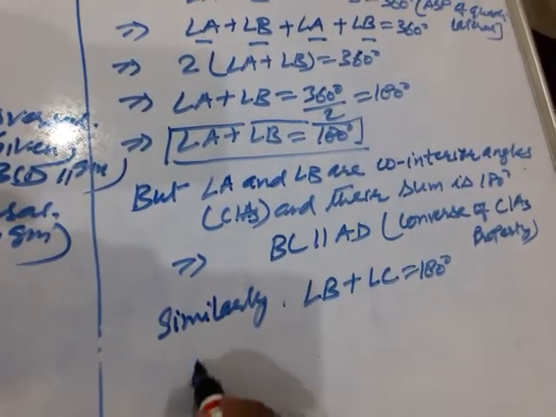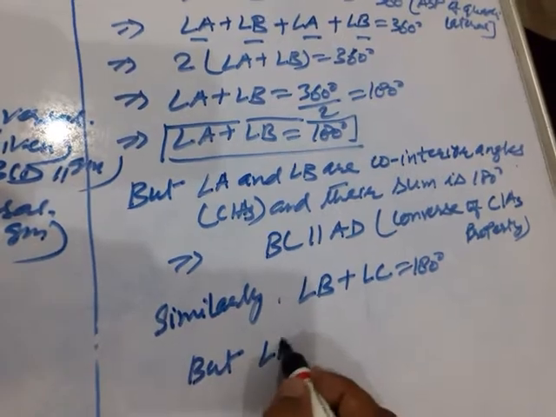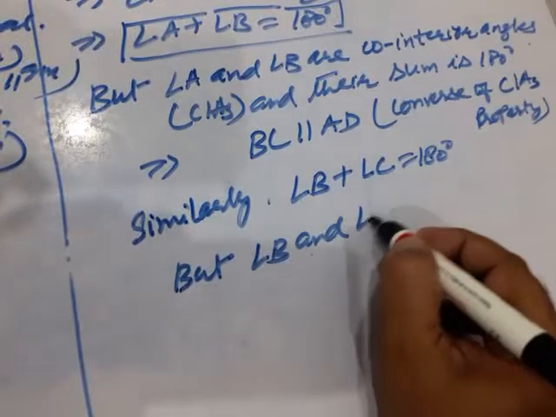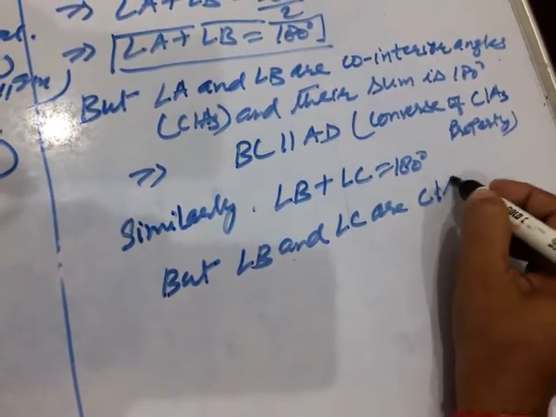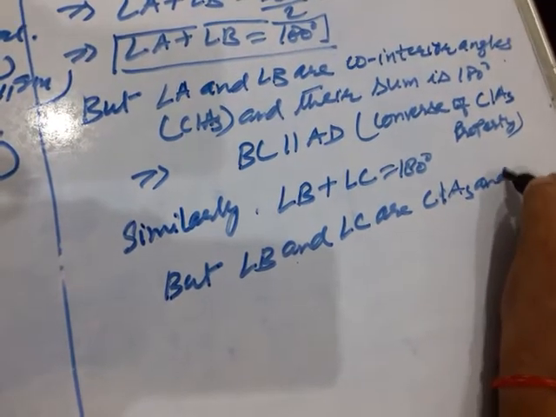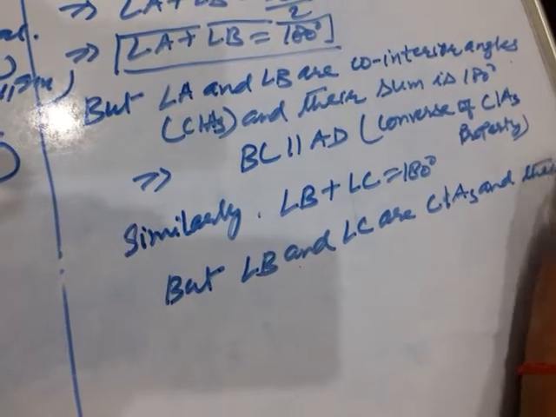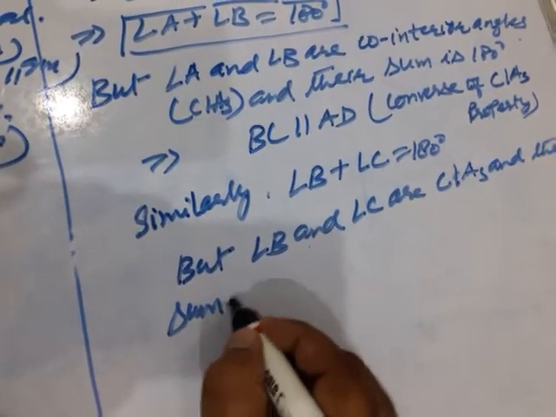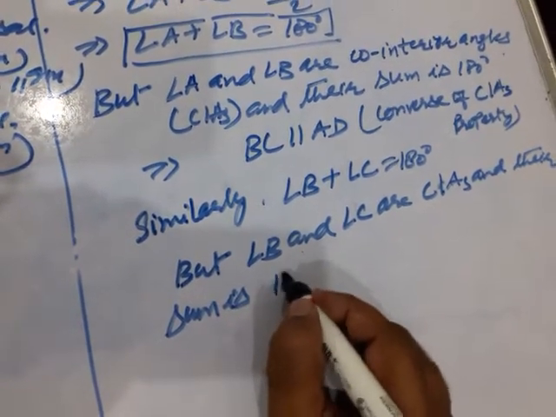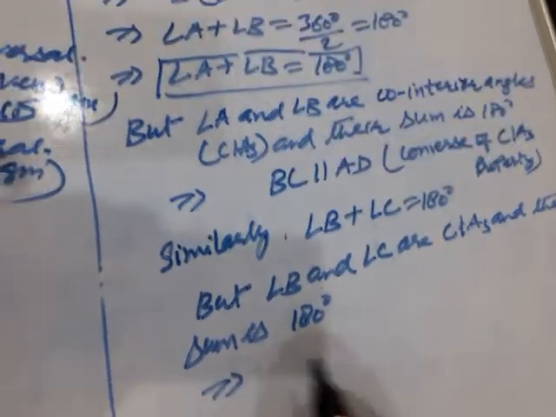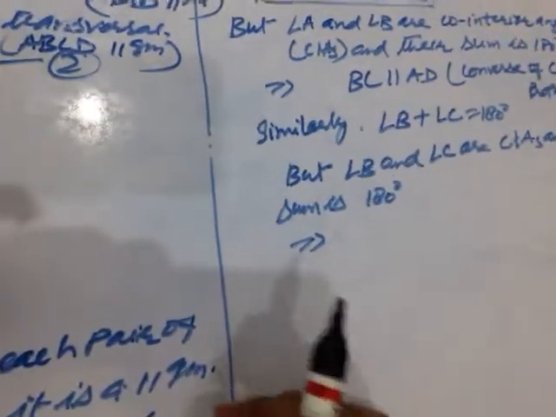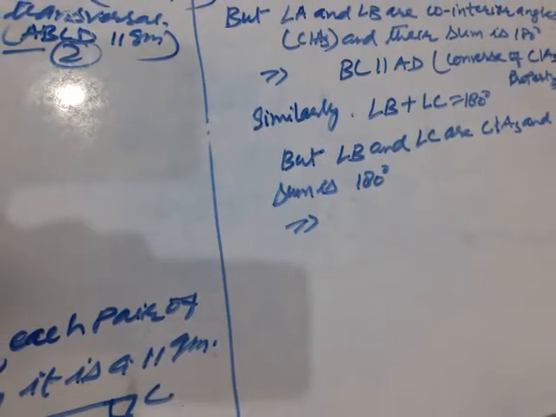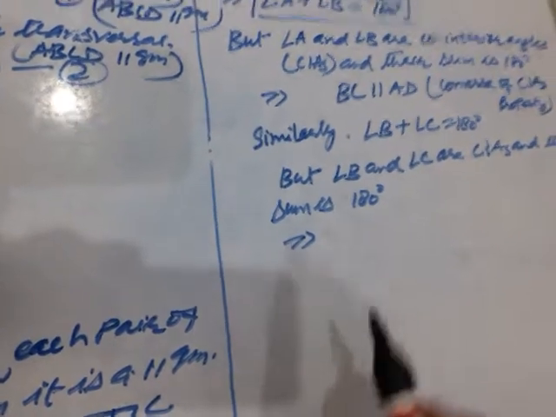Clear? But look at the figure. Angle B and angle C are co-interior angles, and their sum is 180 degrees.